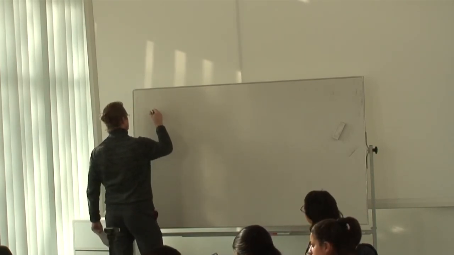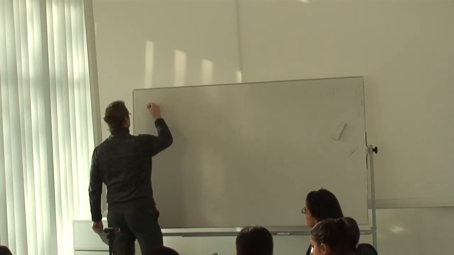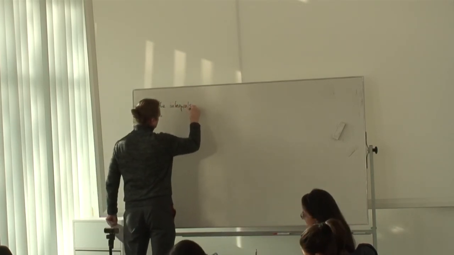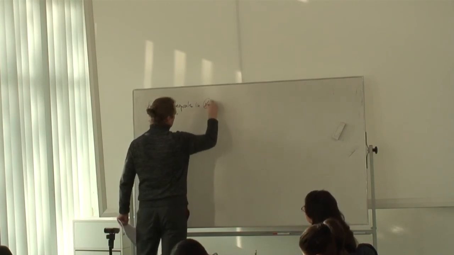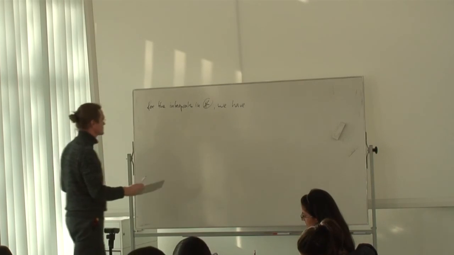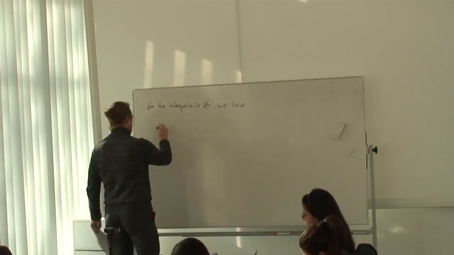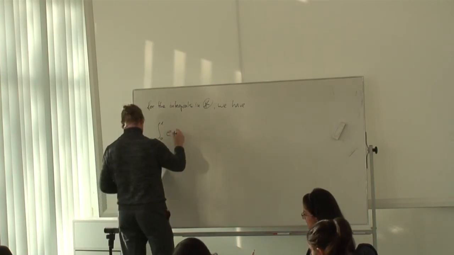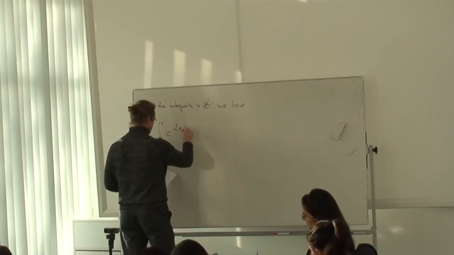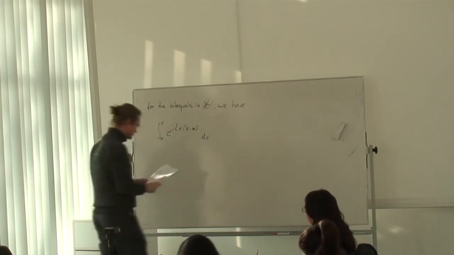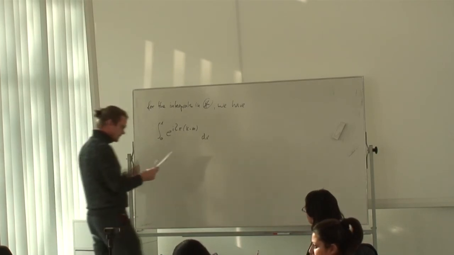Because for the integrals in star, it was a sum over integrals, but let's just consider one of them. It's the integral from 0 to 1 of e raised to the I 2 pi (k minus m) dx. This is a really trivial integral.